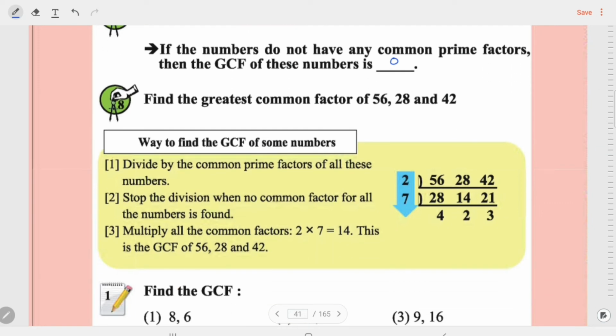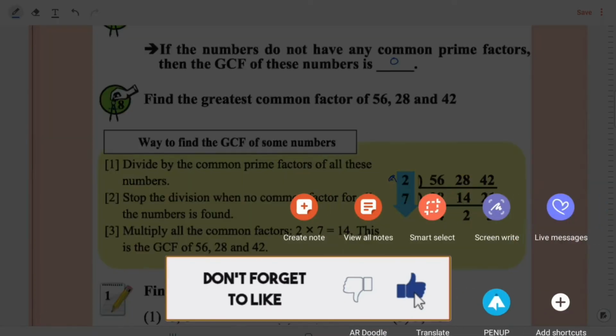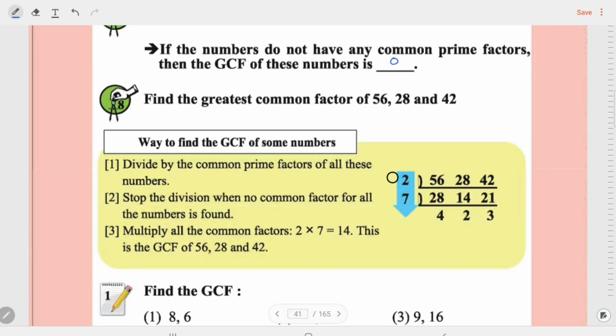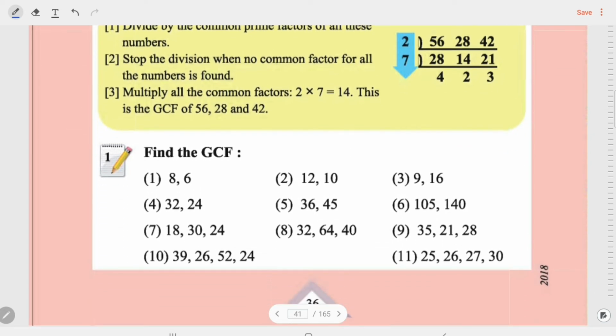So 2 into 7, that's it, because that must be a factor of all the numbers, right? So 2 into 7, 14 is the GCF. Okay, let me do it for 32, 64, 40.